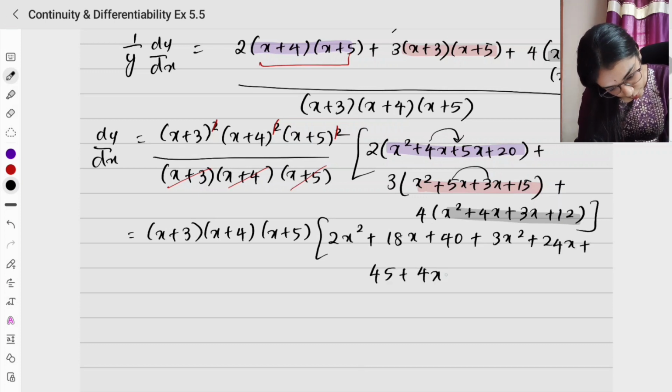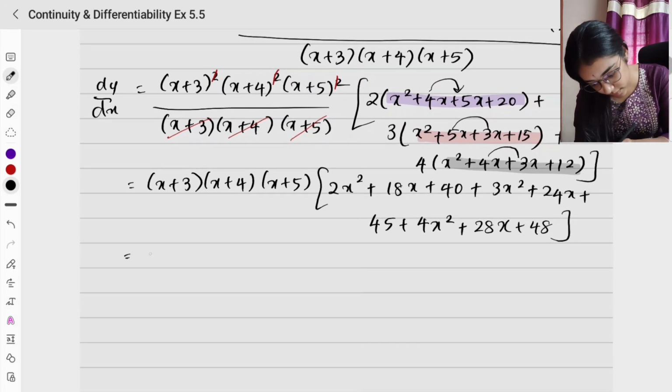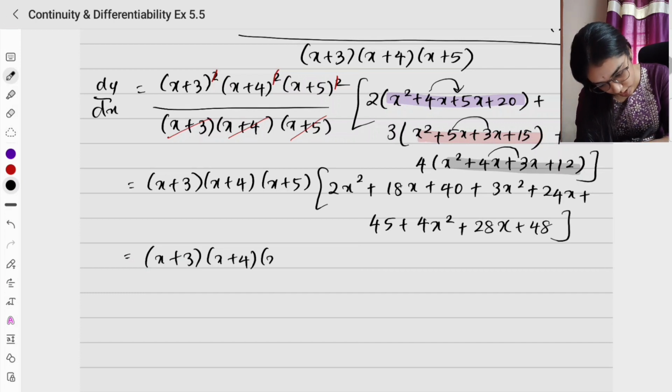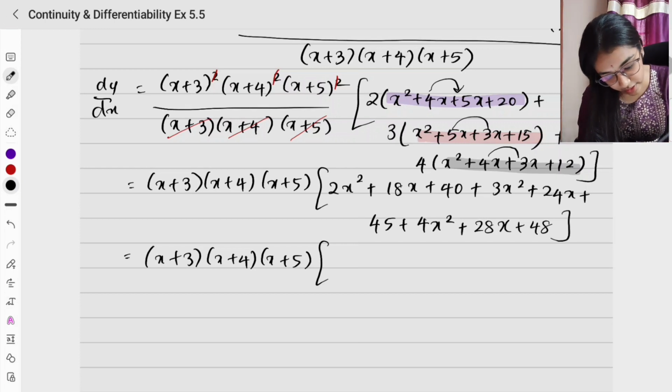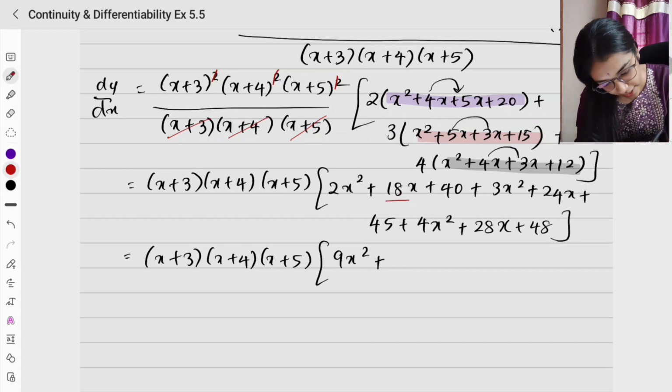Plus 4x square plus 4 plus 3 is 7, 7 4s are 28, so 28x plus 48. If we add this, what happens? I'll have (x+3), (x+4), (x+5) times 2x square, 3x square, 4x square. So 2 plus 3 is 5, 5 plus 4 is 9. So 9x square plus, shall we add all the x terms? So 18x, 24, 28.